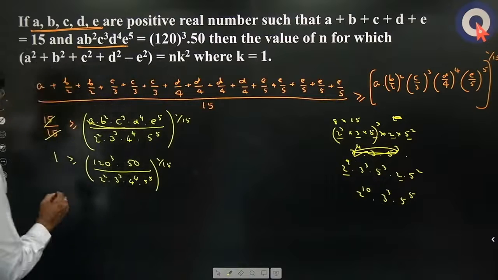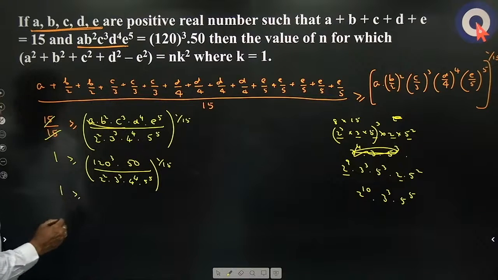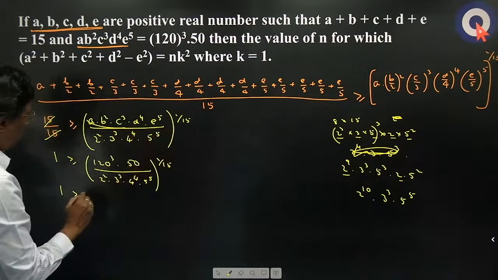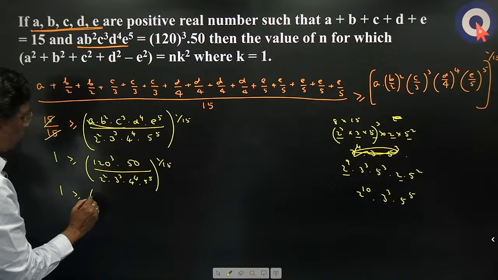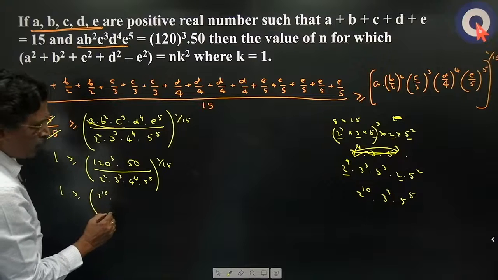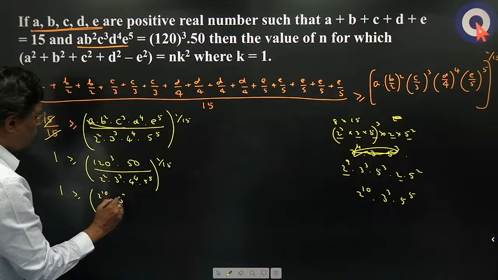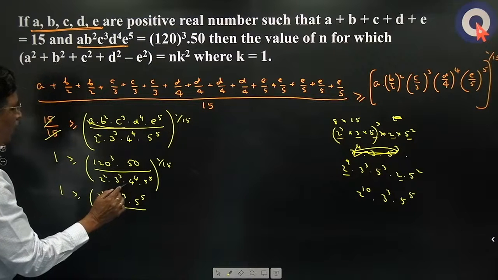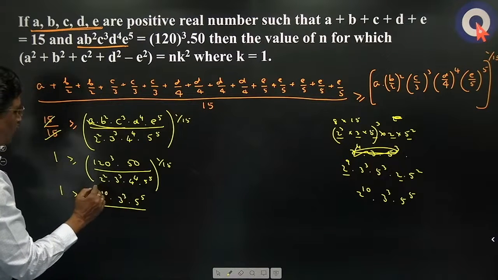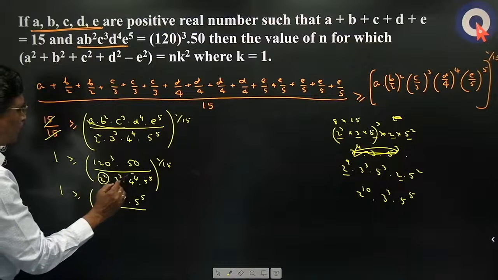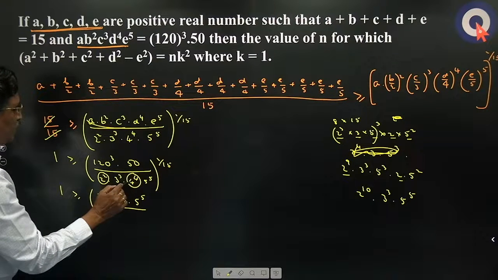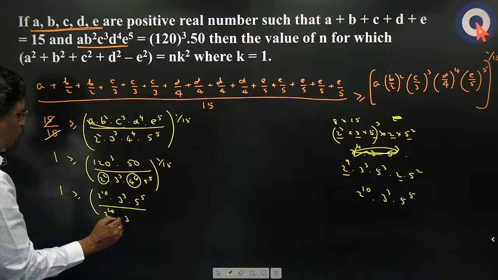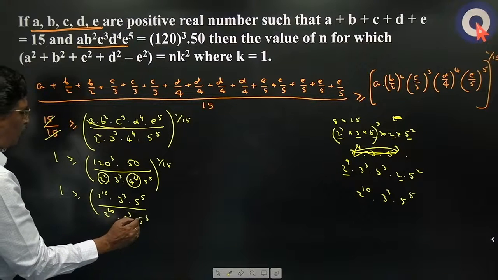So here, 1 is greater than or equal to the numerator, 2 power 10, 3 cube, 5 power 5, and I have the denominator here, 2 power 8, 2 square. So 2 power 8 and 2 square. So 2 power 10 again, and here 3 cube and 5 power 5.